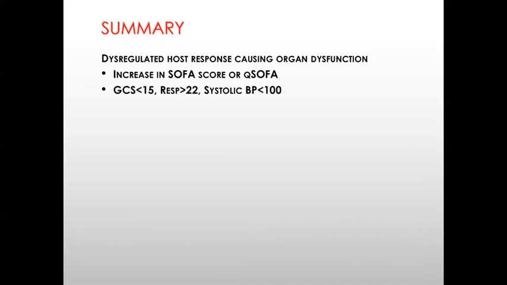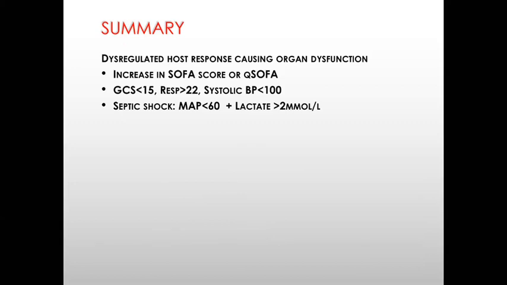So that's really, just to summarize what this lecture is about. Sepsis is a dysregulated host response causing organ dysfunction, and it's recognized by either a 2-point increase in the quick SOFA score or a 2-point increase in the actual SOFA score.